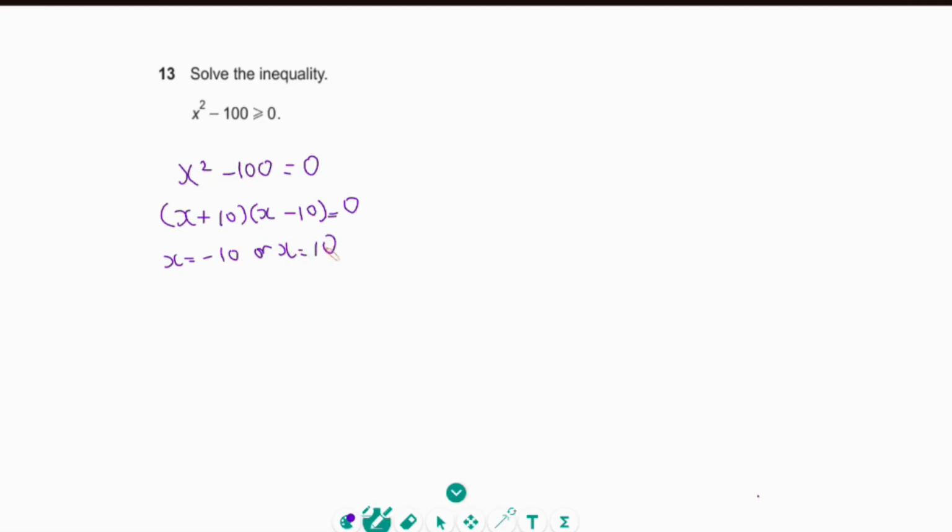If I sketch that on a graph now, positive quadratic graph.